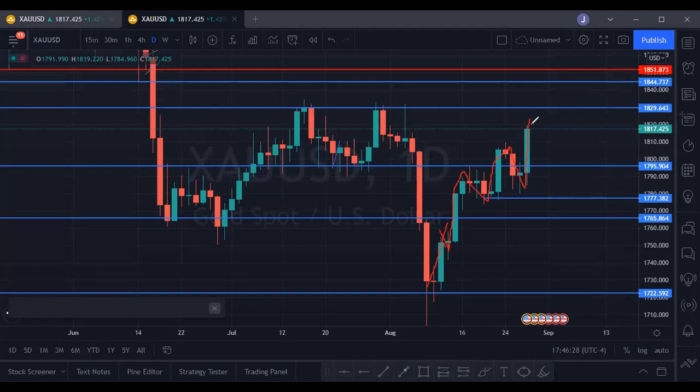So we might be seeing a pullback to this level, then up to these points. I will wait for the pullback and buy at these points rather than buying at current price. I'll wait for price to pull back, then look for a buying opportunity, then I will buy to 1829 on gold.